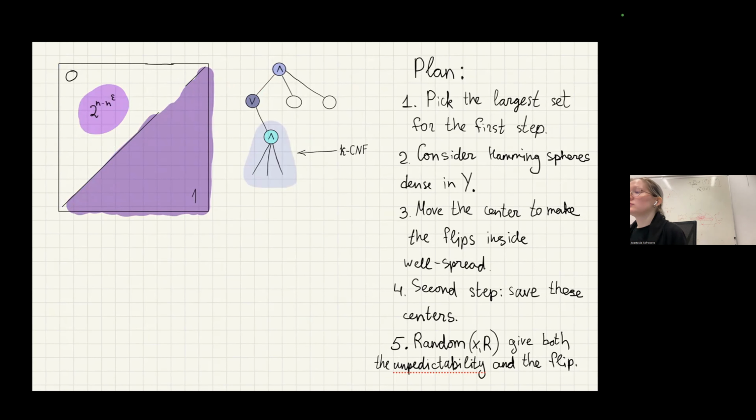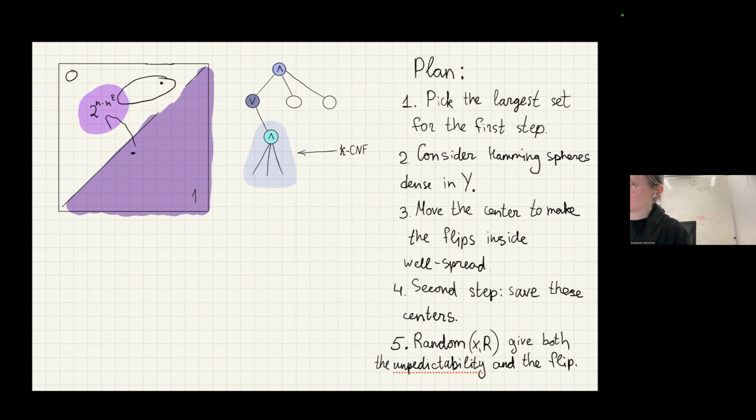Now I want to handle the mirror set. I am currently here in the circuit. Okay, I am considering Hamming spheres dense in Y. So far, I don't care about the parity. It's really hard to draw Hamming spheres, so this distance is not actually corresponding to the picture, but let's say it's a sphere.